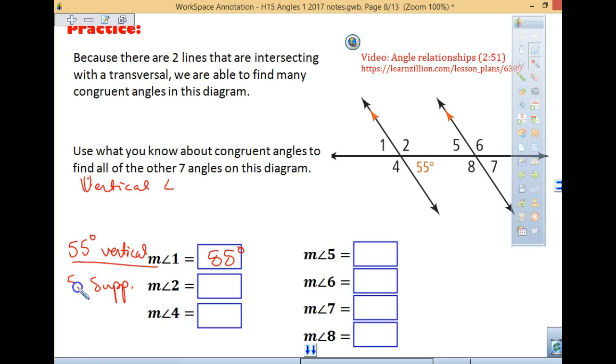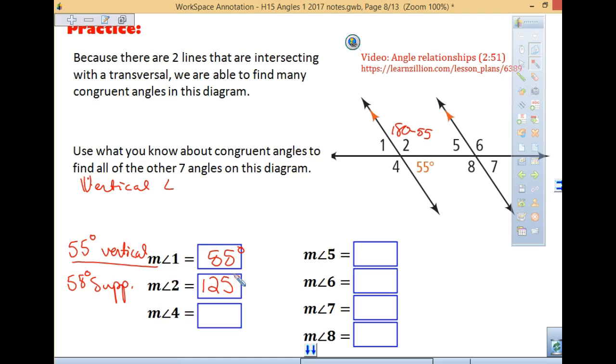So I'm going to take 180 minus 55, which gives me 125. Careful, 180 minus 55, what did you have? 125, and we're going to do the degree symbol, yes.